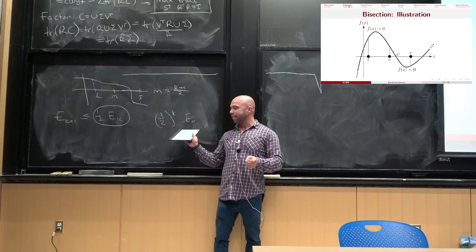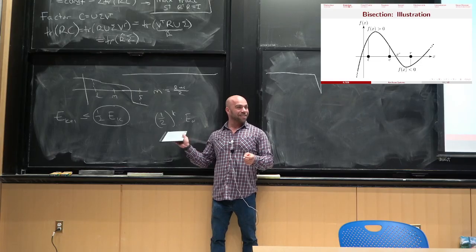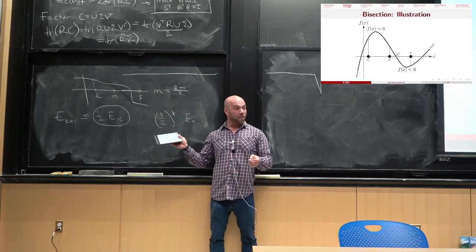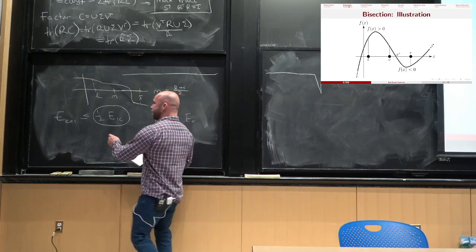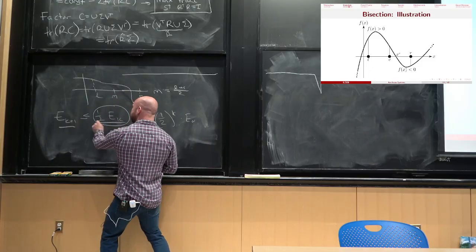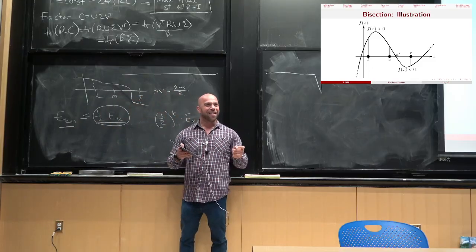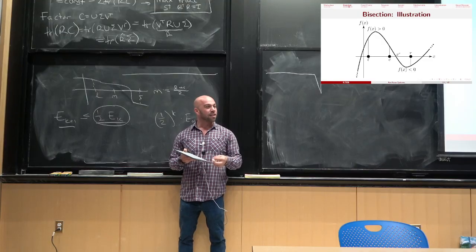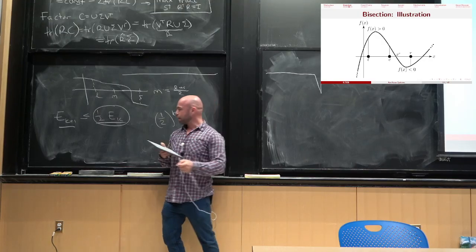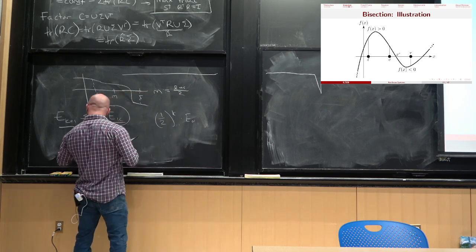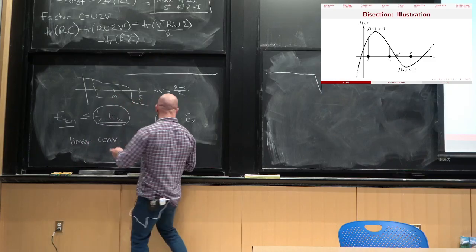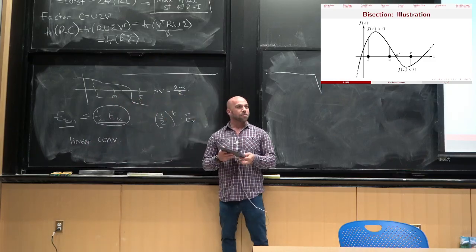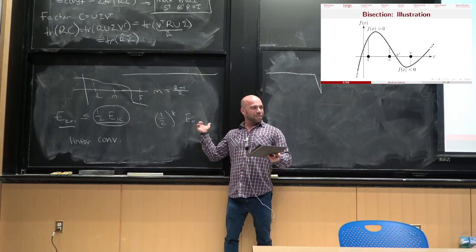It's tempting to say that this algorithm has exponential convergence because there's an exponent here, but that is not right. The common terminology in numerical analysis is that the next error is a linear function of the previous error. And so we call this a technique with linear convergence. So this is just the terminology to remember. This is called linear convergence, which is a very common misconception. It looks like it's exponential, but it's not.